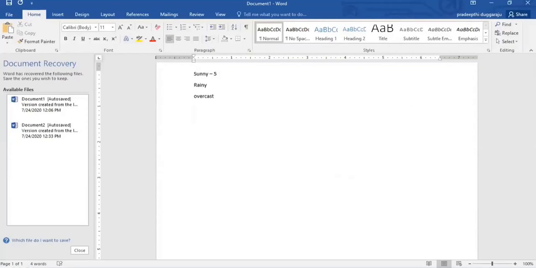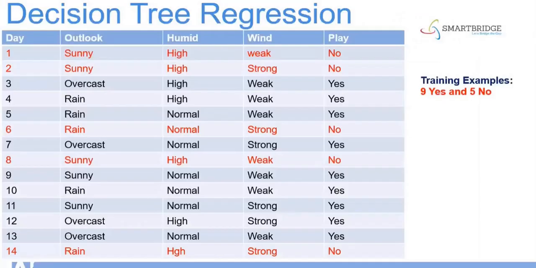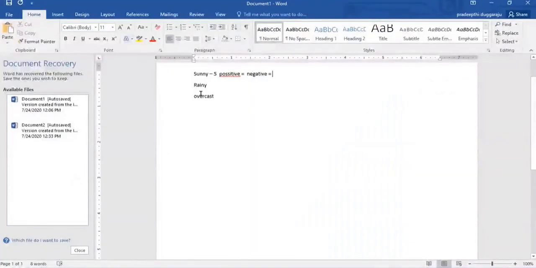Out of which positive are how many for sunny? Two. Positive are 2 and negative are 3. Good.